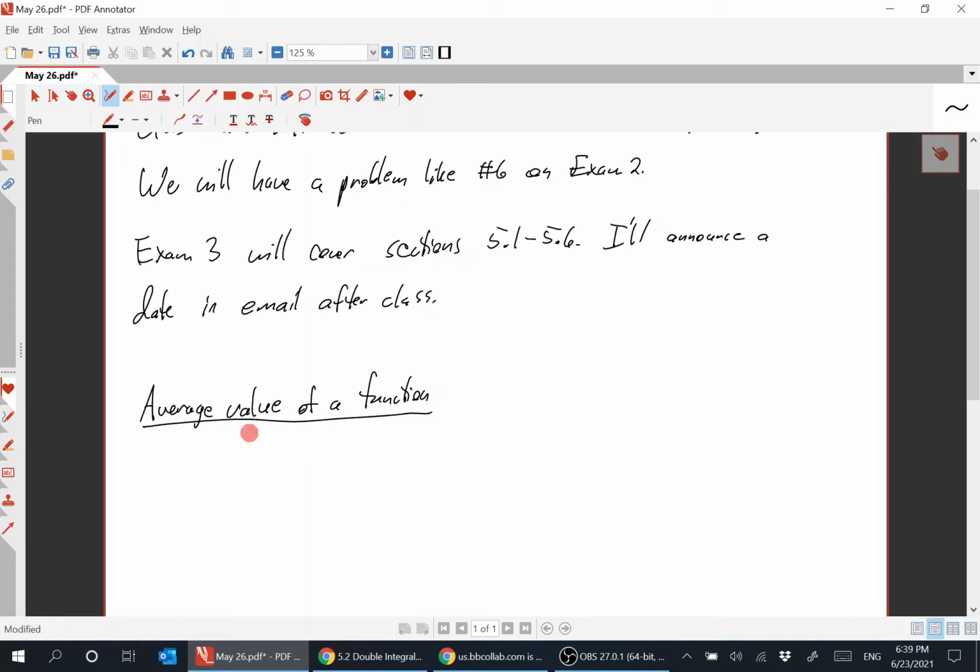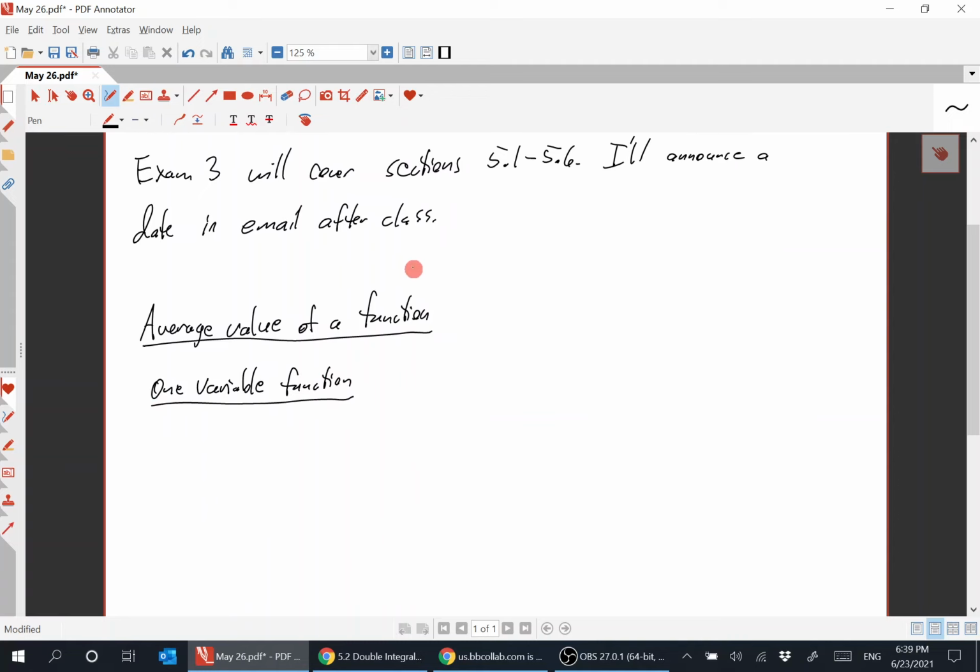So for a one variable function, in the xy plane, you've got some interval a to b, and you've got some function y equals f of x on that interval from a to b.